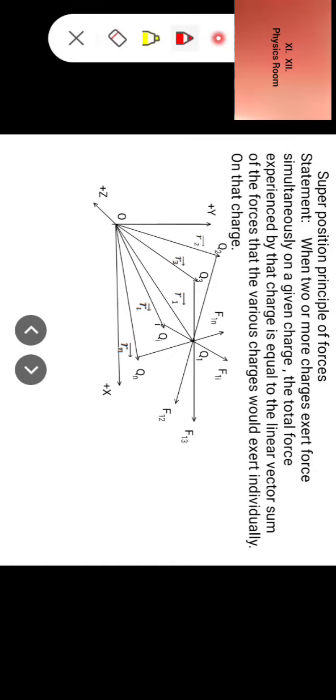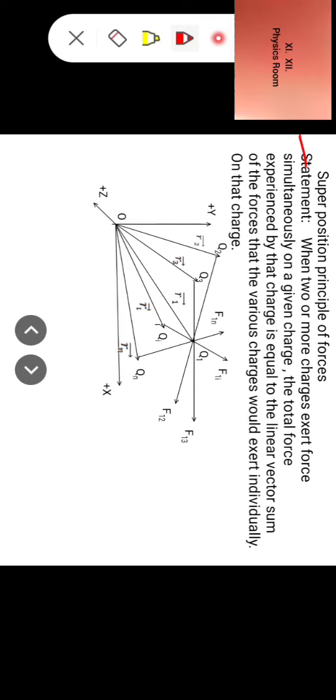What is the statement of the superposition principle of forces? When two or more charges exert force simultaneously on a given charge, the total force experienced by that charge is equal to the linear vector sum of the forces that the various charges would exert individually on that charge.